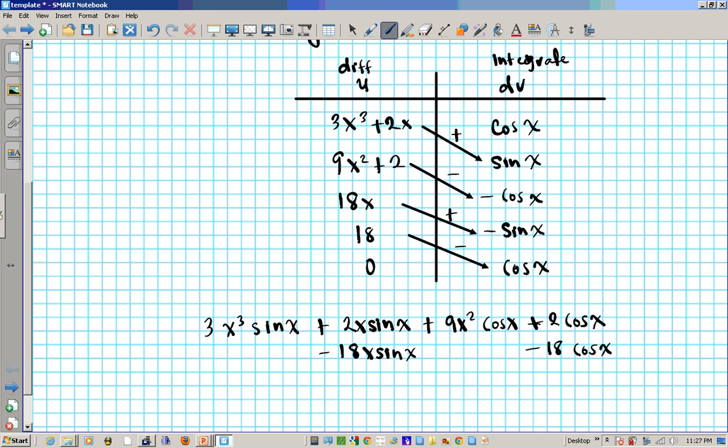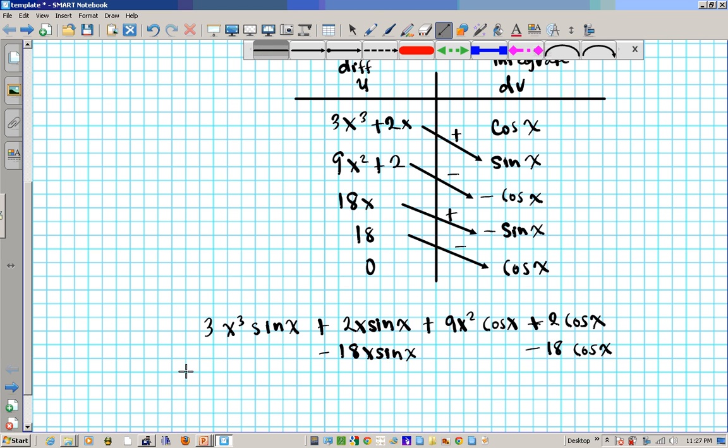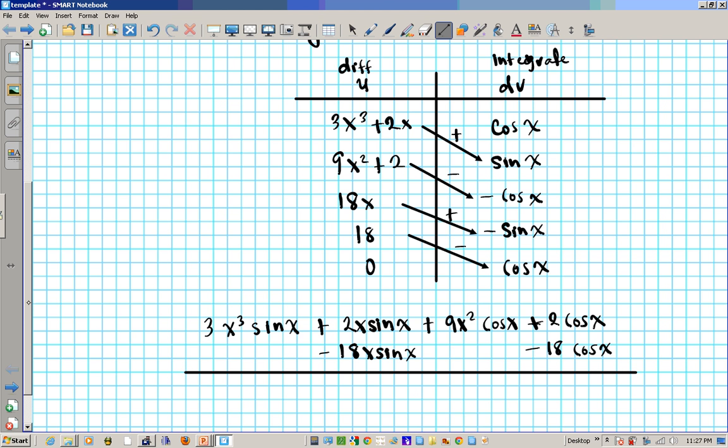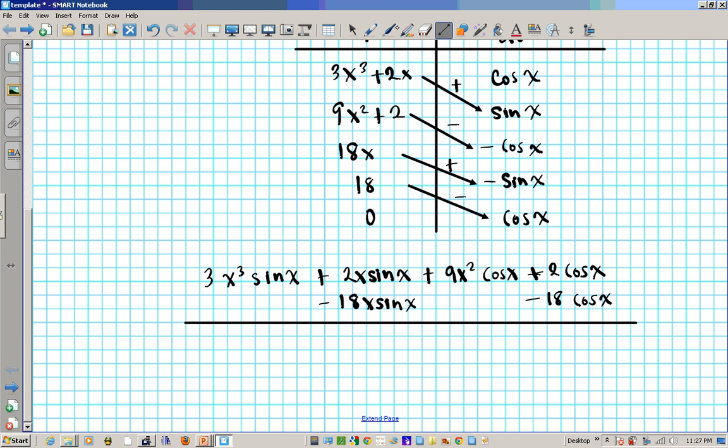All I'll do is add them downwards, and that will give me my final result. If I add it downwards, I'm going to get the antiderivative that I seek: the antiderivative of 3x to the third plus 2x, cosine x dx is going to be, this one just comes down on its own, 3x to the third sine x. And when I combine these two, it's going to be negative 16x sine x.